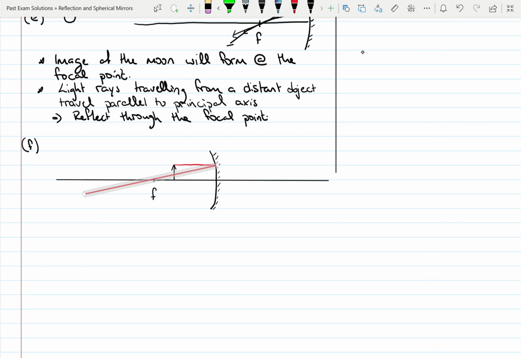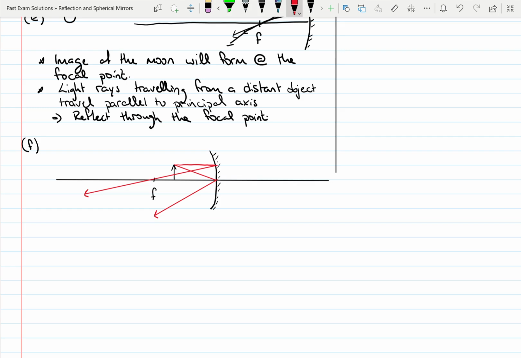Our second light ray, in towards the pole, creates an angle i, and the reflected light ray will come out with the same angle. Now, what we can see from these two light rays is that they are getting further away, or they are diverging in front of the mirror.